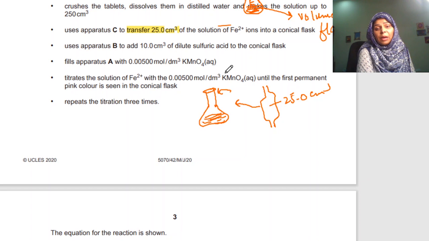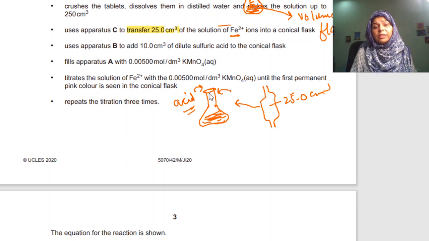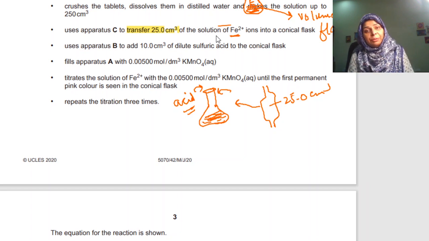Remember, the iron 2 ion solution is here in this flask, along with the acid that is also added to it. Don't forget the steps which have been given here. Number 1, crush the 5 tablets, dissolve them in distilled water, and make the solution up to 250 centimeter cube.